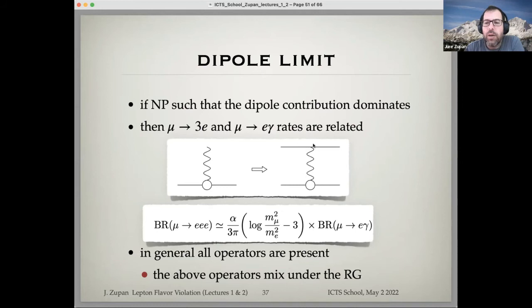So there will be an e plus e minus that gets split out from the photon. It's all controlled by the value of the same Wilson coefficient, the same strength, the same one operator gives me both transitions in this limit.